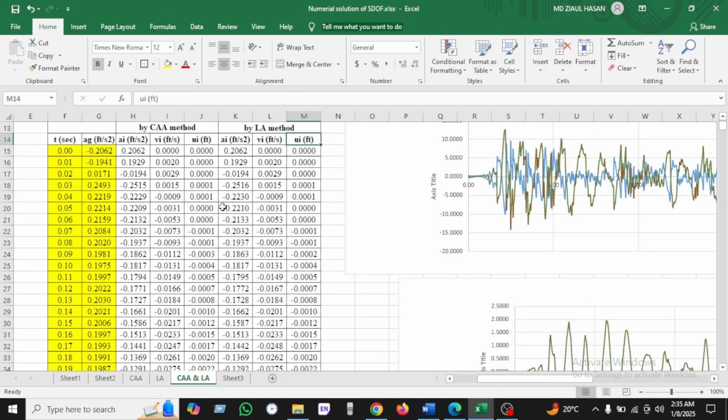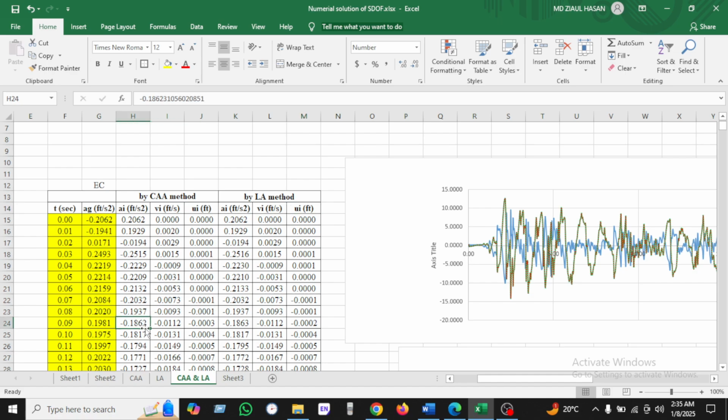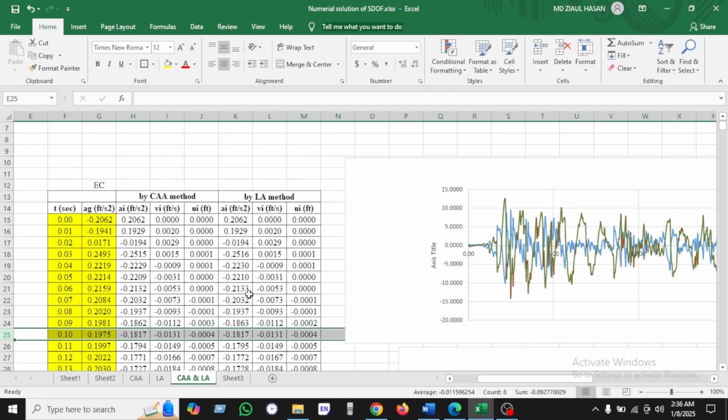So we have been seeing here the acceleration at cell number 10, which is 0.1 second. When the El Centro acceleration is 0.1975, we are seeing the relative acceleration remains the same 0.1017, and the linear acceleration remains the same.